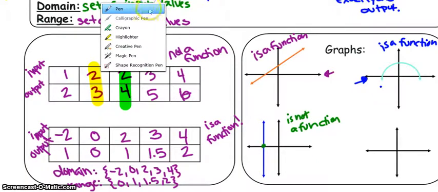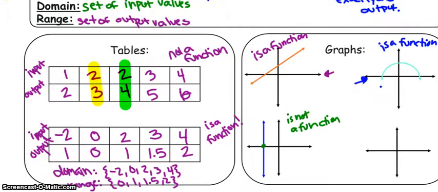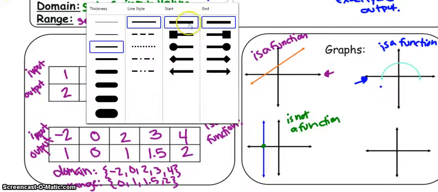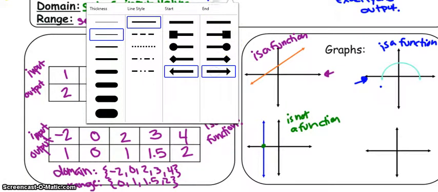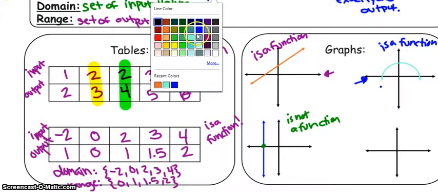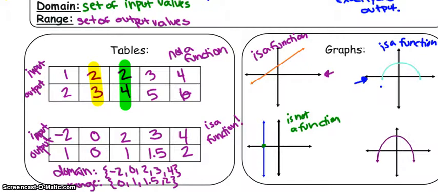Okay. And then our last example here, that you should also be copying down. Let's make it purple. Okay, don't copy it down yet, because I have to fix it.